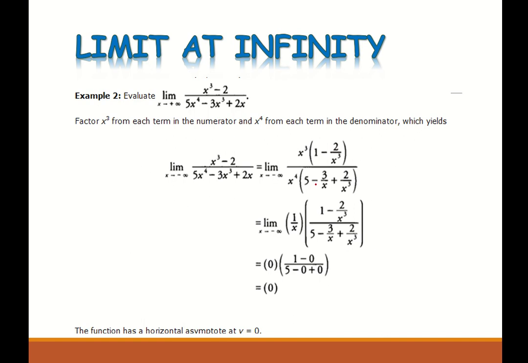Same with the denominator. The common factor is x to the fourth. What will be left in the first term? That is only 5. But since the second term contains only x cubed, it's lacking one x, because this is 4, this is 3. So it means you still have x in the denominator.